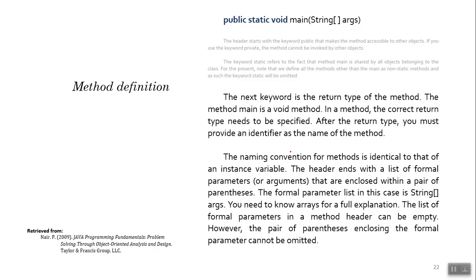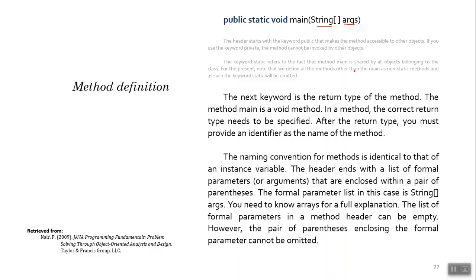The formal parameter list in this case is the string array. We have the data type and also the name or the identifier of that variable. You need to know arrays for a full explanation, which is not yet a part of our discussion.